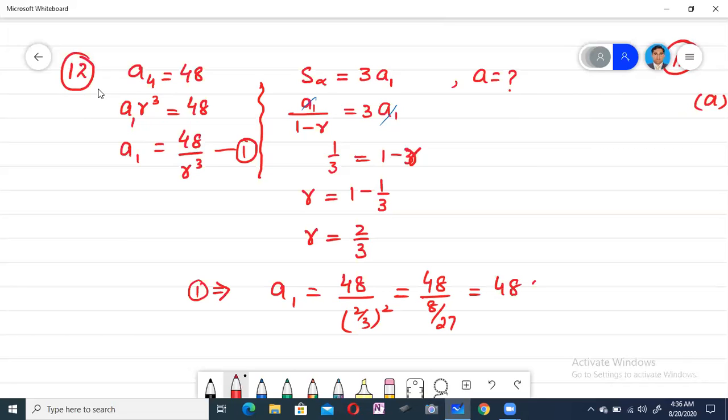Then 48 into 27 divided by 8, and this 8 we can cancel with 48. 6 8s are 48. Then 27 into 6 will be equal to 162. This is the first term.